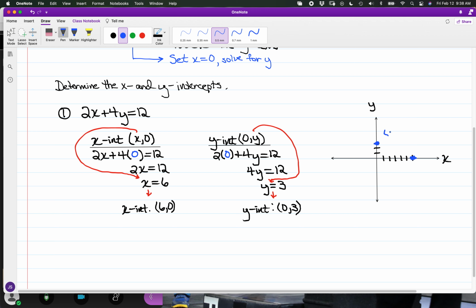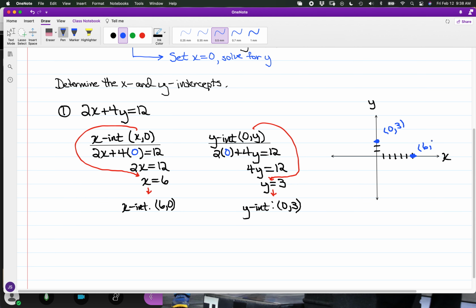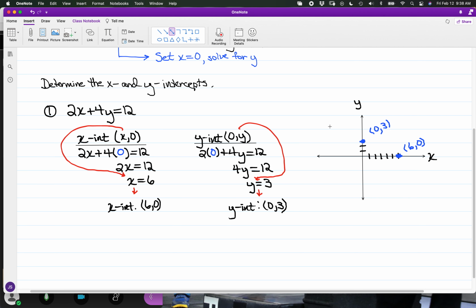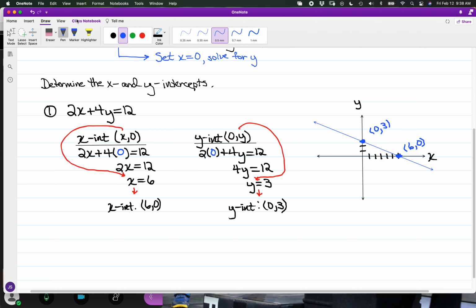We have the y-intercept on the y-axis at 0, 3, and the x-intercept on the x-axis at 6, 0. And the line passing through both of these points represents all the combinations of x and y, not only those 2 points but everything else through which the line passes, everything in x and y such that 2x plus 4y is equal to 12.